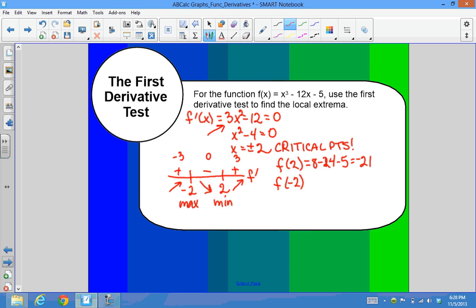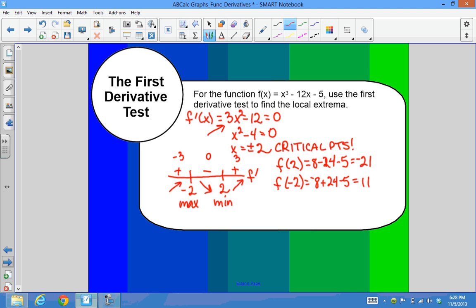F at negative 2, I get negative 8 plus 24 minus 5. So negative 8 and 24 is 16, minus 5, which is 11.